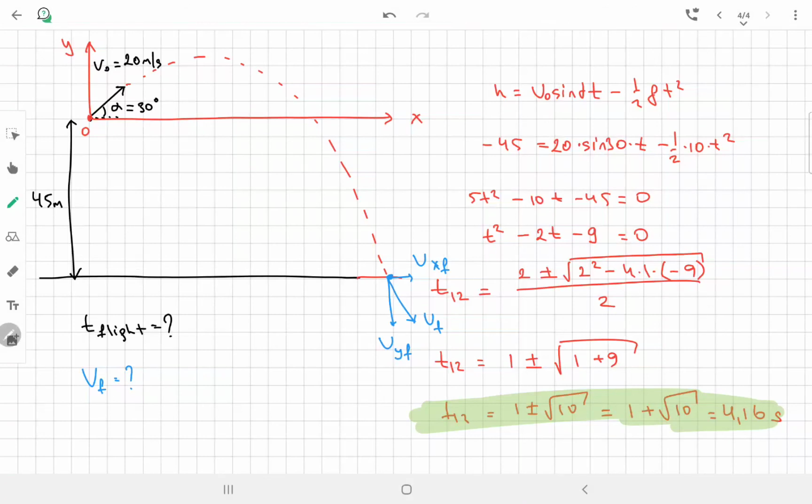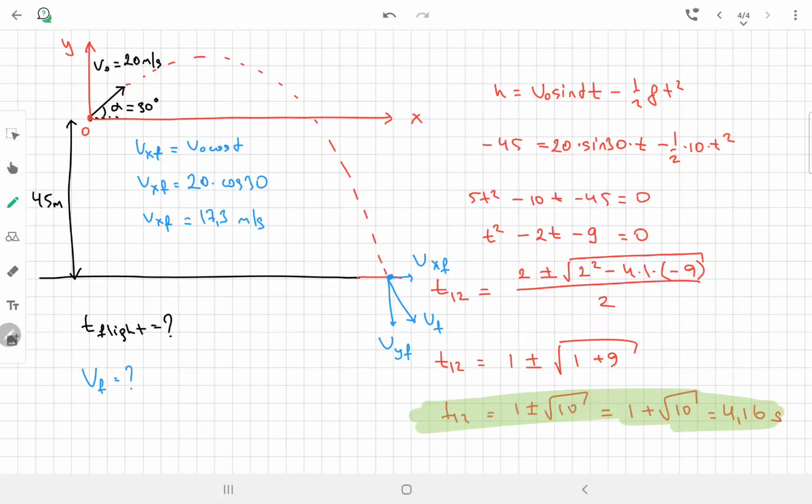We know that in the horizontal direction velocity never changes for this kind of problems, because there is no wind, no acceleration, no force in horizontal direction. So the final velocity in x direction equals v0 times cosine alpha, which is 20 times cosine 30, and the final velocity in horizontal direction will be equal to 17.3.